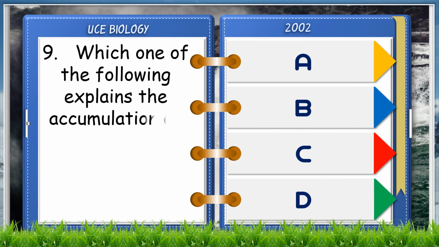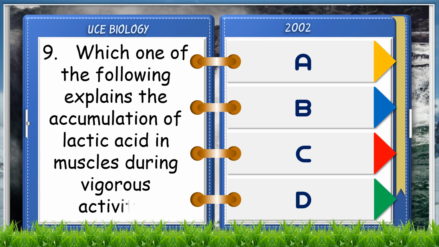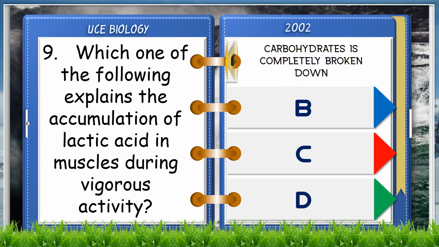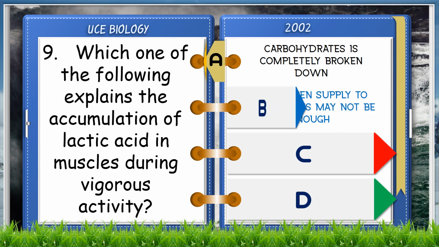Which one of the following explains the accumulation of lactic acid in muscles during vigorous activity? A. Carbohydrate is completely broken down. B. The oxygen supply to the muscles may not be enough.